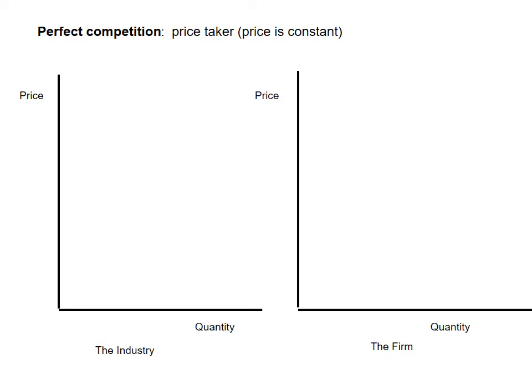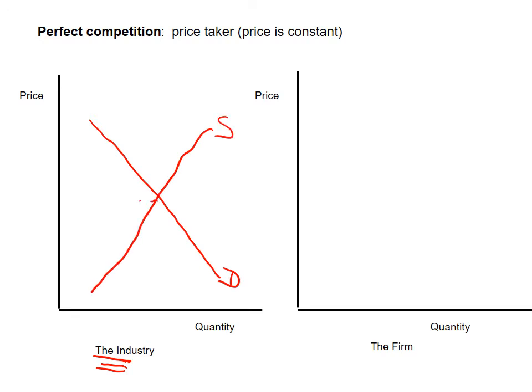So let's look at what happens. Please keep in mind here we've got the industry. With the industry, you're going to draw, hopefully with a ruler, I'm drawing freehand, the demand and the supply, bring this across, and there's no surprise here. You know that this is the equilibrium price.